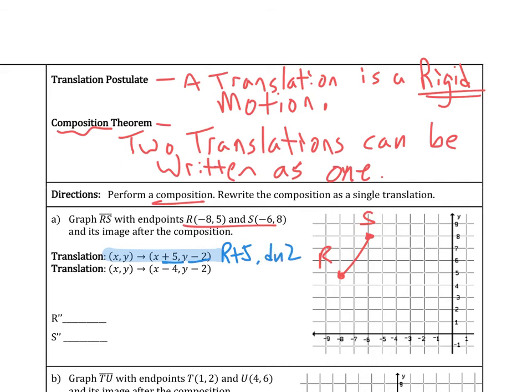So for each one, we go right 5, 1, 2, 3, 4, 5, and down 2. It's going to be right there. That is S prime. Then we go right 5, 1, 2, 3, 4, 5, and down 2. It's going to end up right there, and that is R prime.